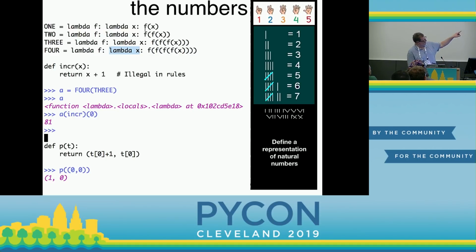What it's doing is f of f of f of f of f a bunch of times, and the number of times that you do that is how you're representing the number. Again, it's like finger counting from kindergarten, just gone horribly astray. But it's the same idea there.